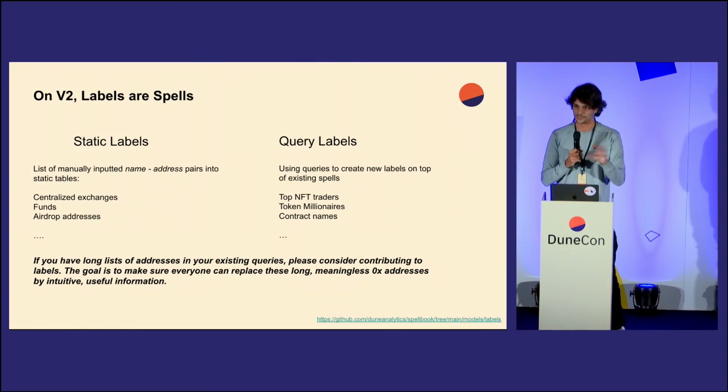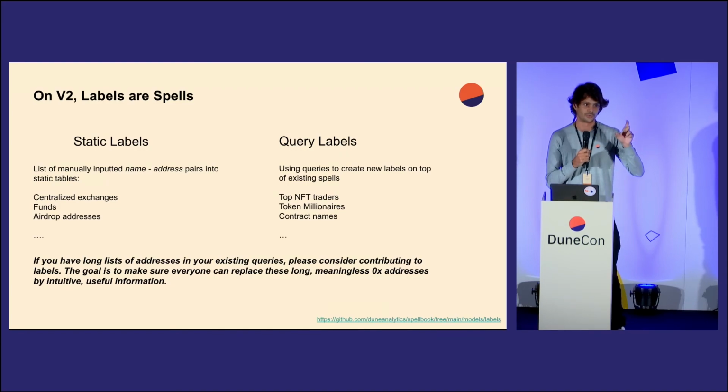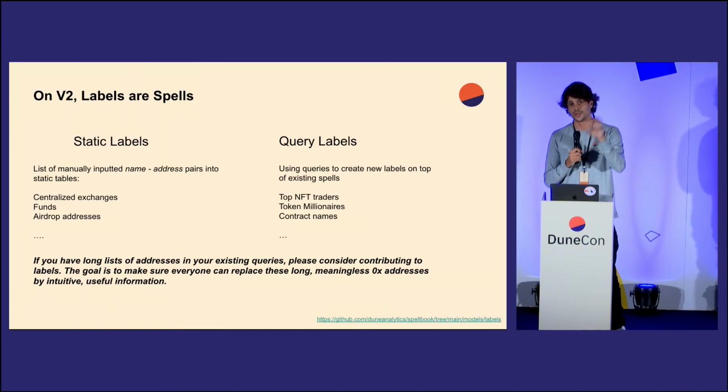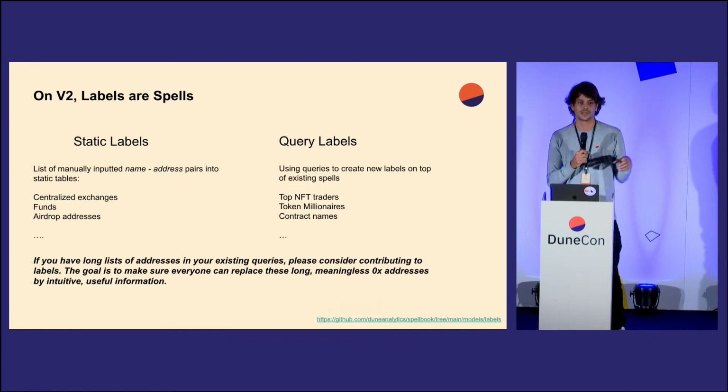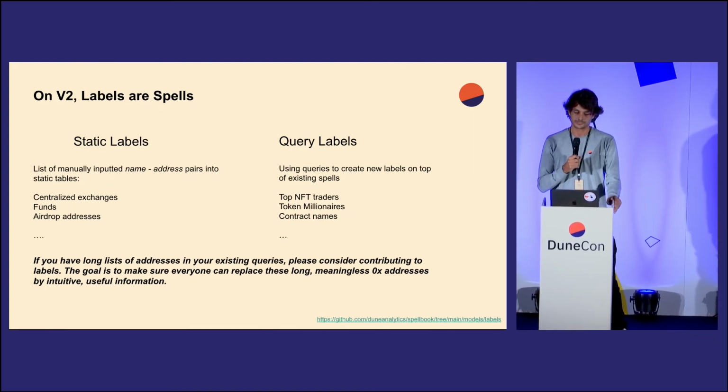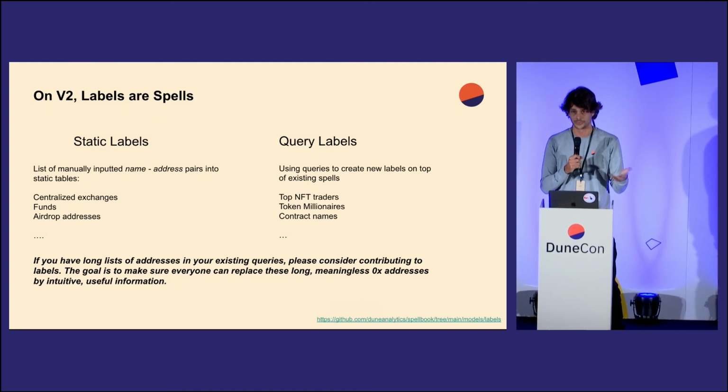We have 2 types of labels mainly. You have static labels, which are basically lists of addresses, like pairs of addresses and names that you can just manually enter. And then we have query labels that are basically based on spells. So you use spells to create new labels. And so both are super useful.